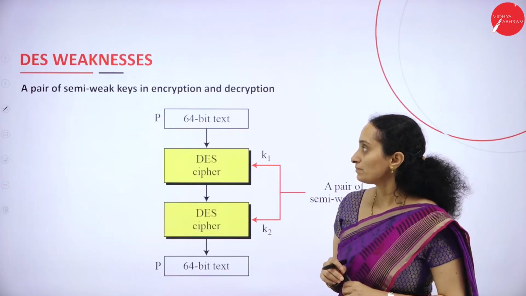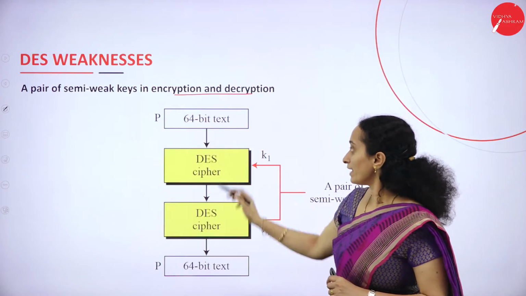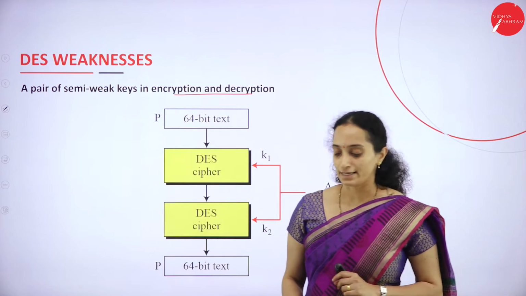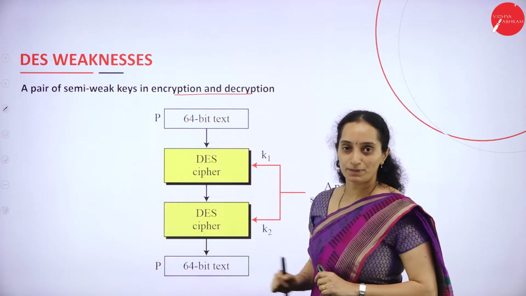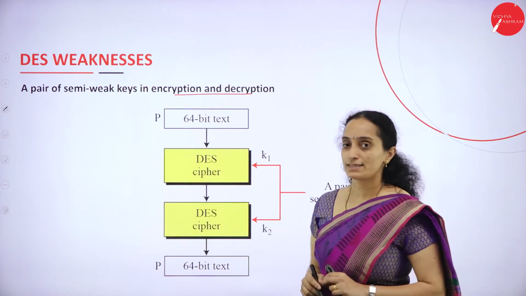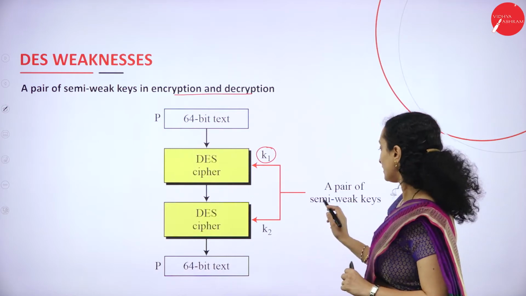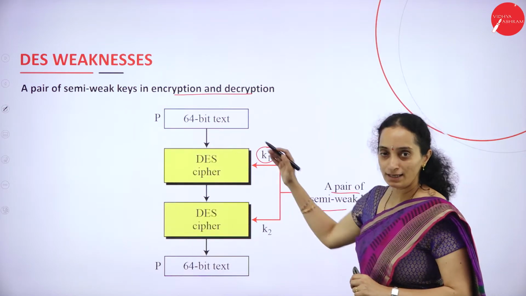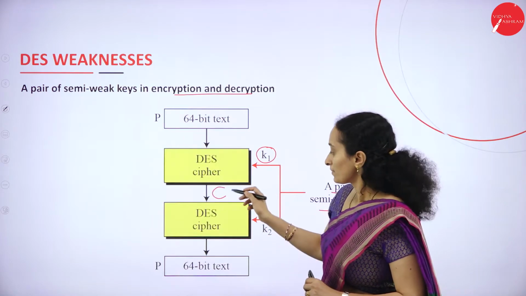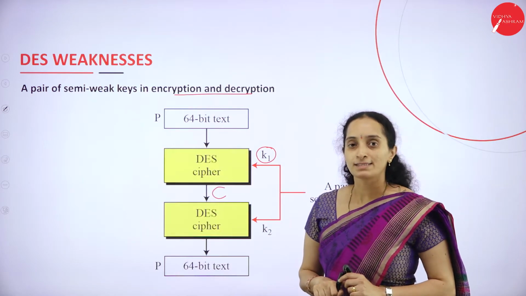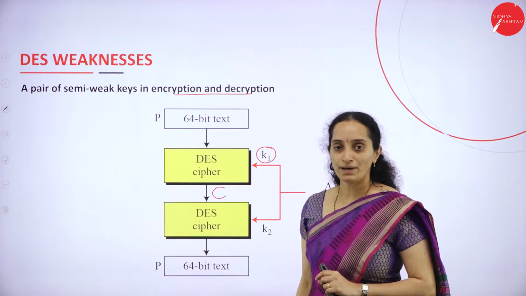Alright. A pair of semi-weak keys are shown in encryption as well as decryption. Here we have the 64-bit plain text. When you apply the cipher algorithm with a pair of semi-weak keys, K1 and K2, you get the cipher text. Again, when you apply this algorithm to the cipher text, you get the plain text.